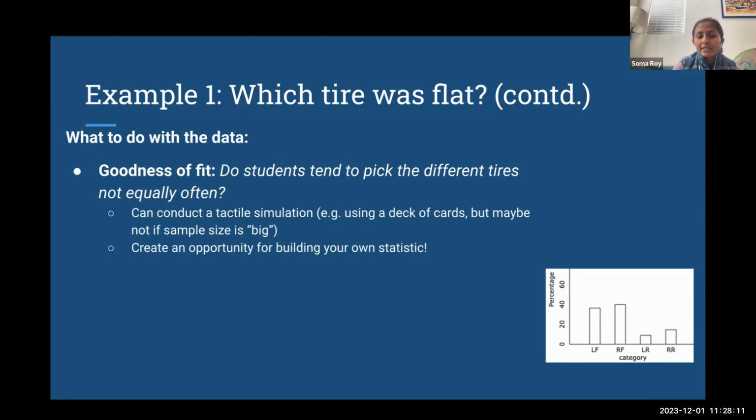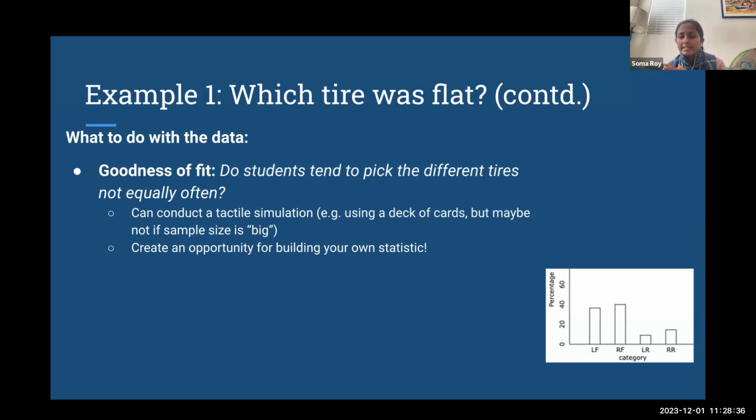The nice thing about this is now that they are in this 4 choices situation, you can actually create an opportunity for students to build their own statistics. So how are they going to compare the observed distribution, which turned out to be something like this, to what the expected distribution would have been had all 4 choices been equally popular?